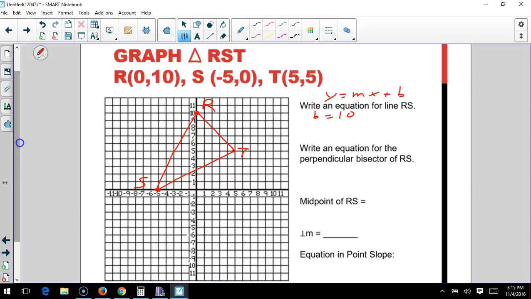My slope is obviously positive, so I'm going to count up 10 and right 5. Well, that's 2. So the equation of the line is y equals 2x plus 10.